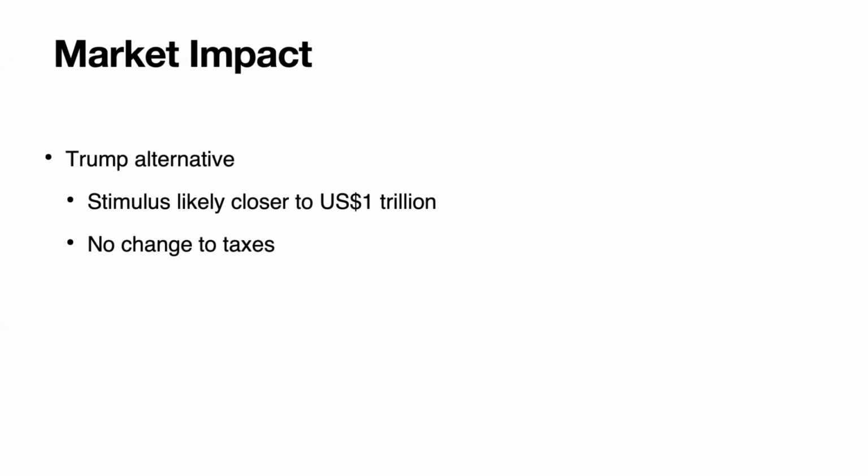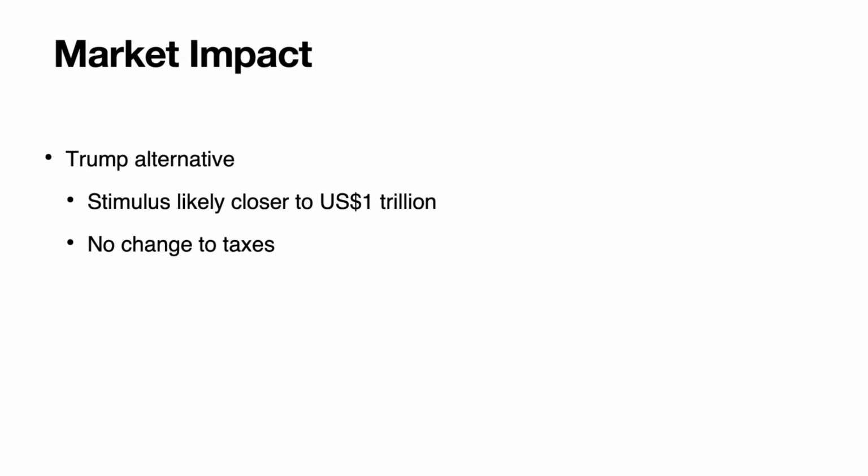And I think you can see how important it would be in terms of a political win to get that through before the election. I don't think that's going to happen, but bottom estimates say about $1 trillion, but it could be bigger depending on the mood of the party. No change to taxes, of course, and we would expect to see less regulation going forward.